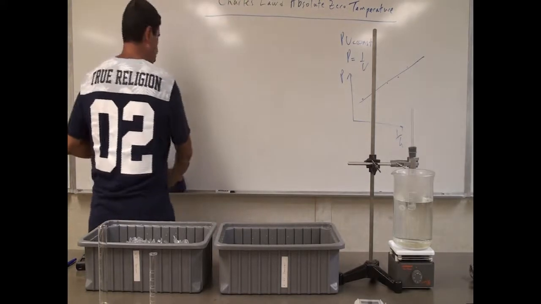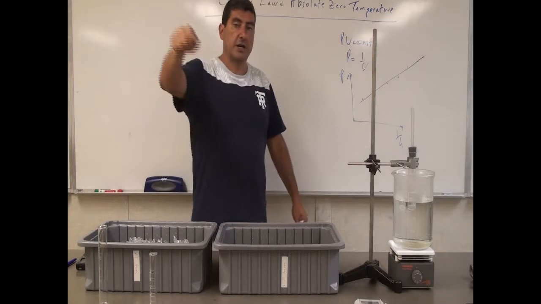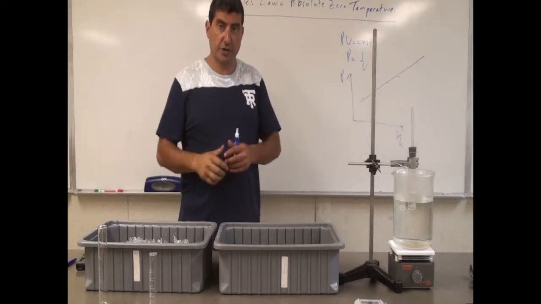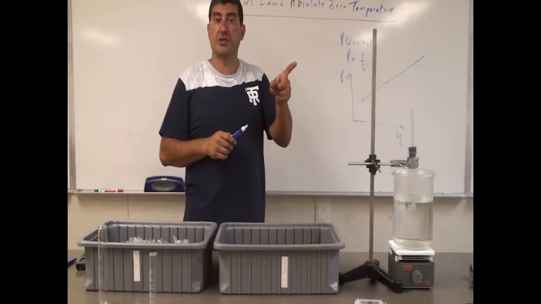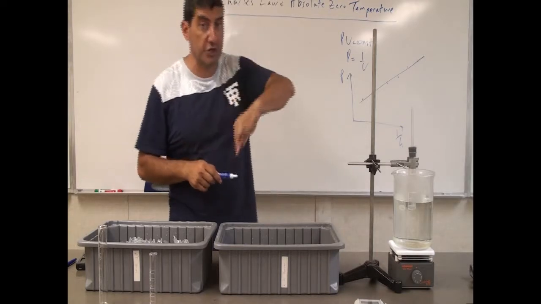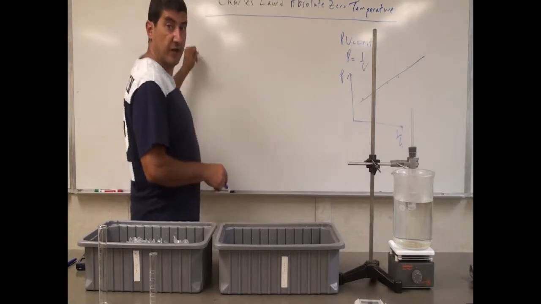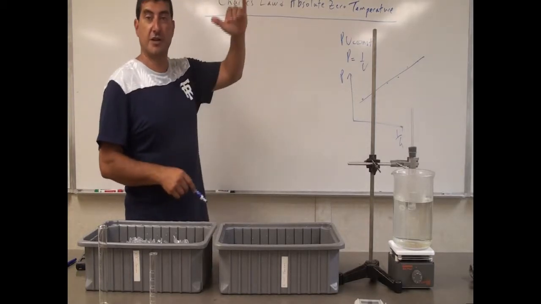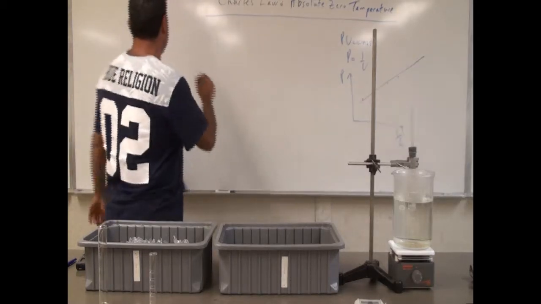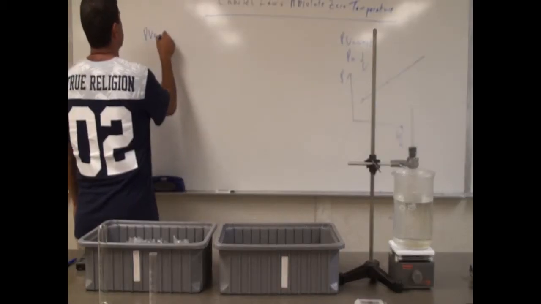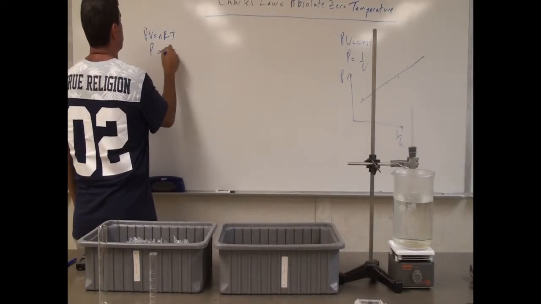The other video that I've done is similar, where I took a pressure gauge and put it into different containers of water, and I found the pressure. There I was concentrating on the relationship between pressure and temperature. So one is pressure and volume, the other one is volume and temperature, and the third one is pressure and temperature, right? PV equals nRT, the relationship of pressure with temperature.